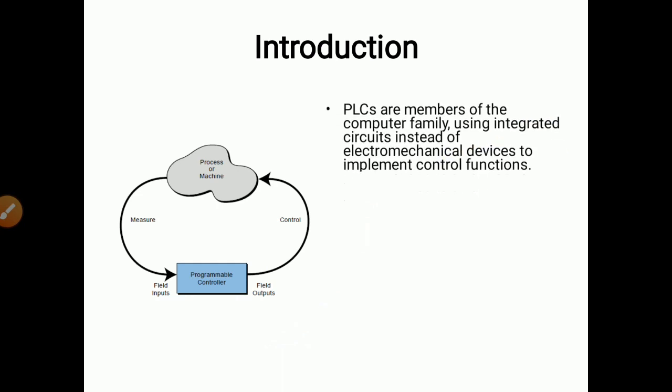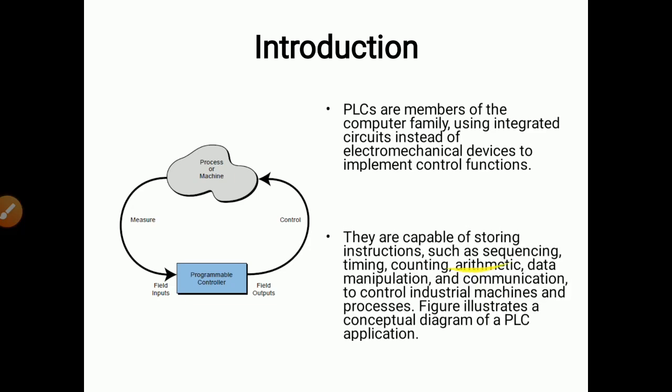PLCs are members of the computer family using integrated circuits instead of electromechanical devices to implement control functions. They are one type of computer and they use integrated circuits, ICs.